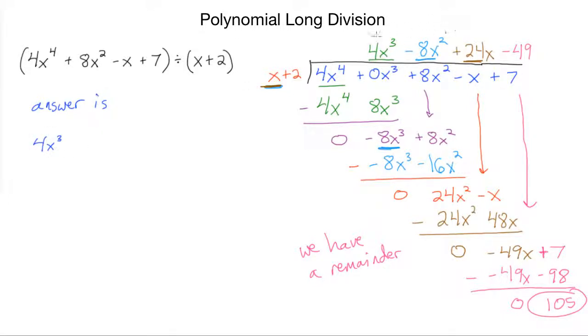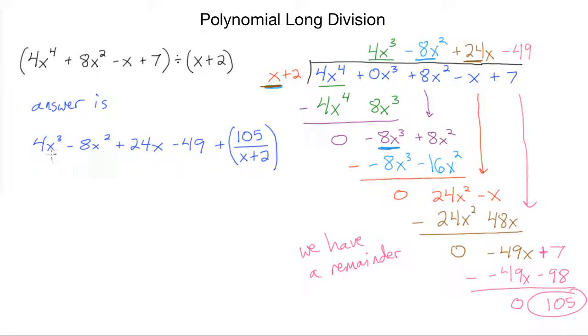I'm just reading my quotient up top here. 4x to the 3rd minus 8x squared plus 24x minus 49, and a remainder. Well, I can put r, but I'm just going to put plus this part at the end, 105 divided by x plus 2, the divisor, the part that I was dividing by.